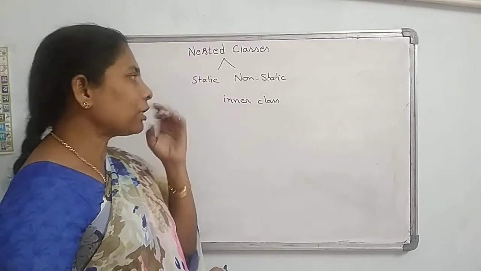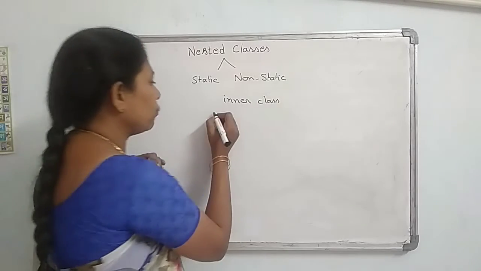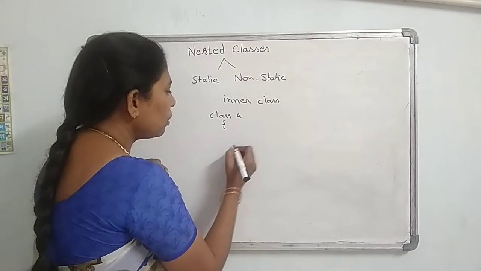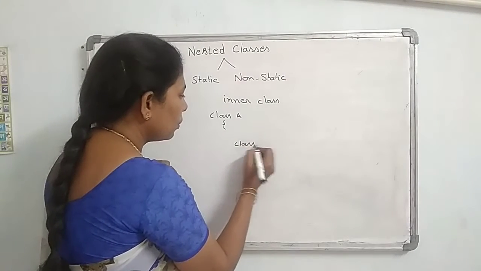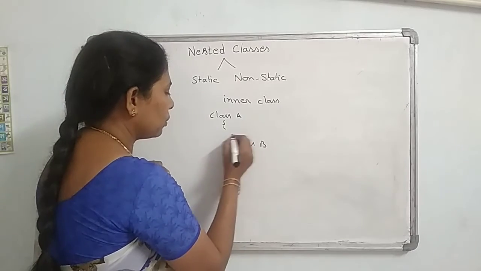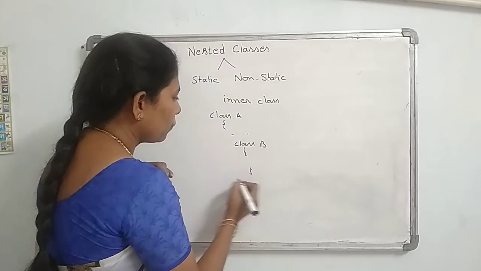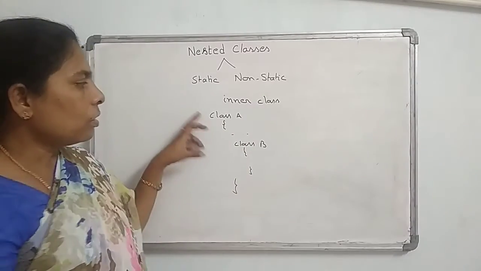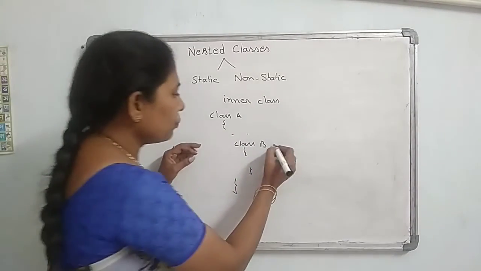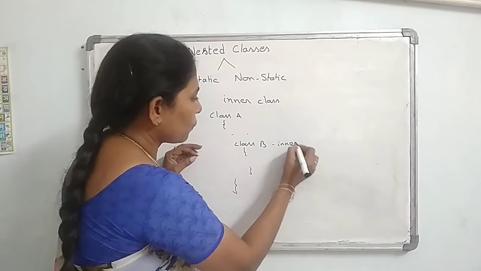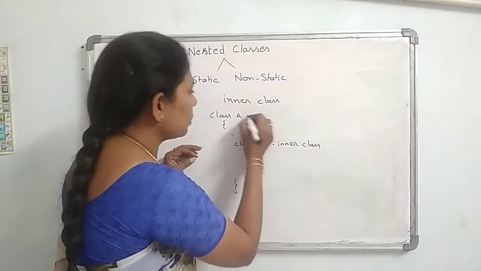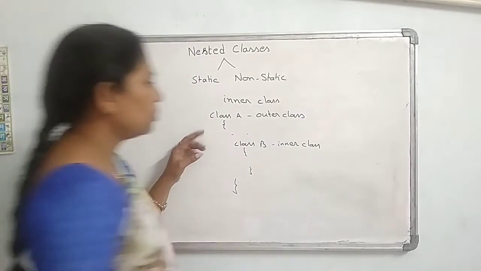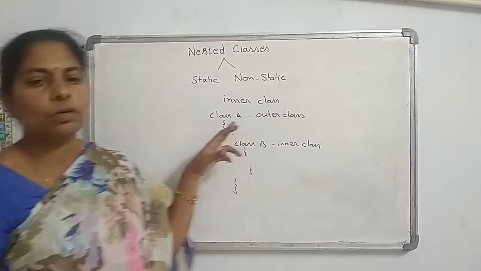Suppose you take the class A, and in that you declare another class B, in which you have some processing. Here B is the inner class and A is the outer class.